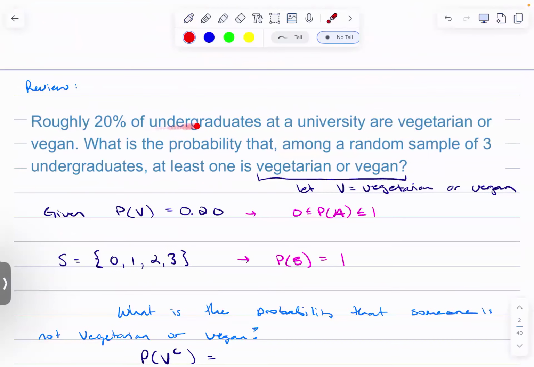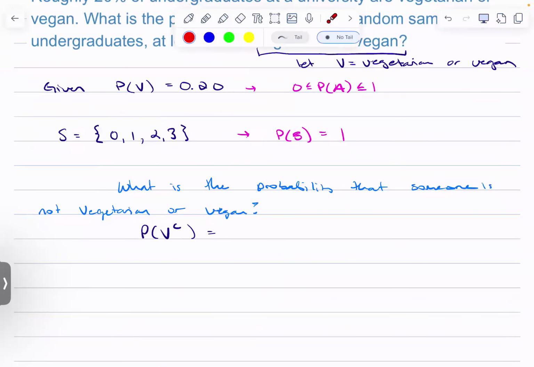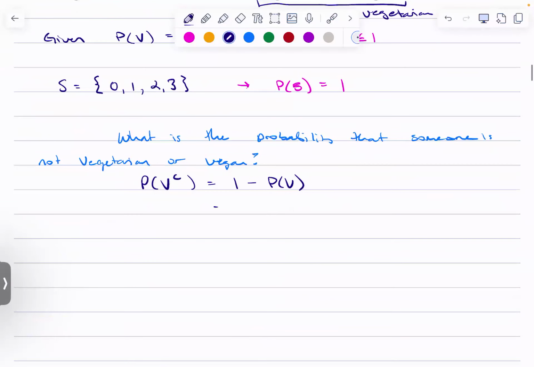If I told you this, and then I asked you, hey, what's the probability that someone's not vegan or vegetarian? You would say 80%, right? Because your brain already does it. If the probability of being vegan or vegetarian is 20%, then the remainder must be the opposite. And so here, 1 minus the probability of V, which is 0.80.